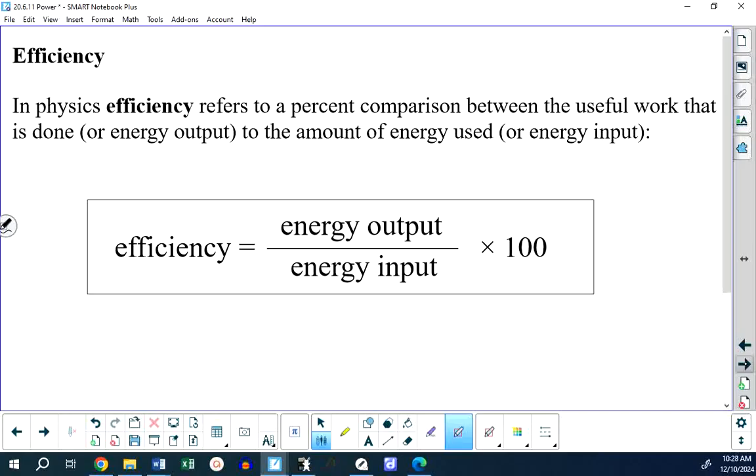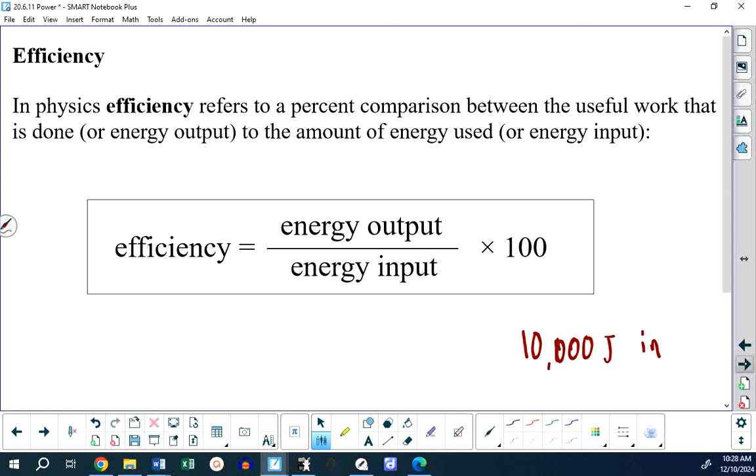Okay. That's because not all of the energy the motor is putting out is going into the useful task. So imagine that the energy that went into the motor was 10,000 joules. That's what goes into the motor. And that 10,000 joules is going to go out.